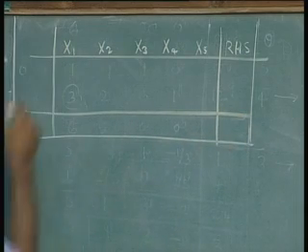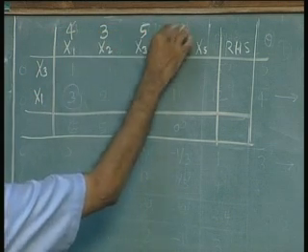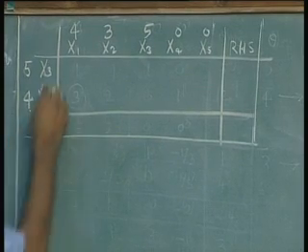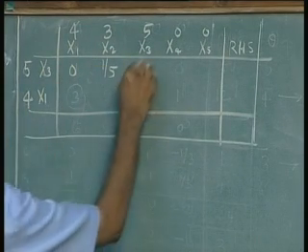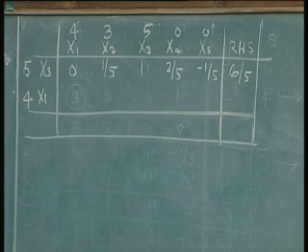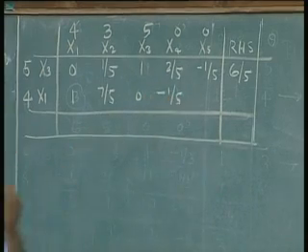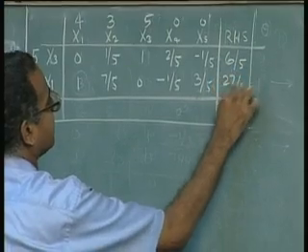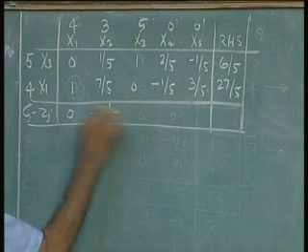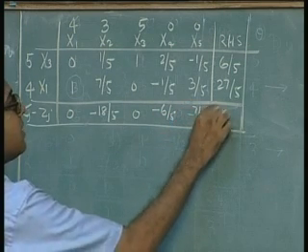We write down the optimum table with x3 and x1 here, with values 4, 3, 5, 0, 0. x3 has 5, x1 has 4, and the simplex table would be 0, 1 by 5, 1, 2 by 5, minus 1 by 5, 6 by 5, 1, 7 by 5, 0, minus 1 by 5, 3 by 5 and 27 by 5, with Cj minus Zj values 0, minus 18 by 5, 0, minus 6 by 5, minus 7 by 5 and 138 by 5.